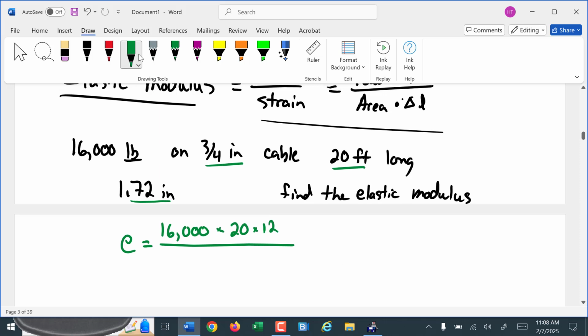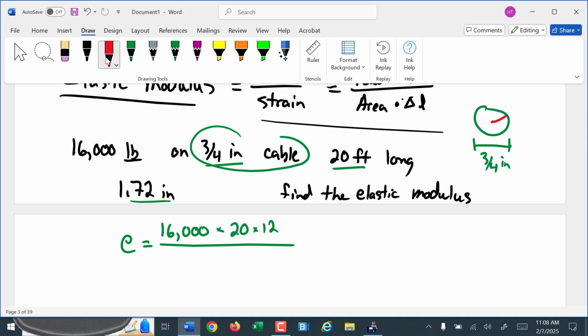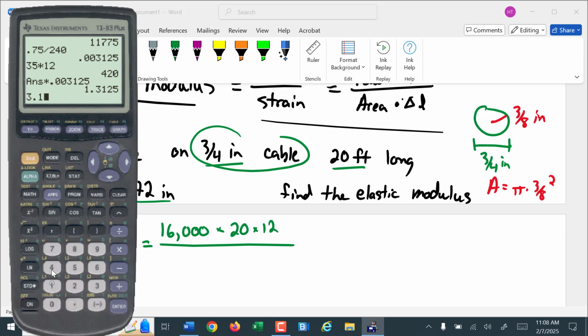Then over the area, well, we have a 3/4 inch diameter cable. The radius will be 3/8 of an inch. So the area is going to be pi times 3/8 squared. So 3.14 times (3 divided by 8) squared.